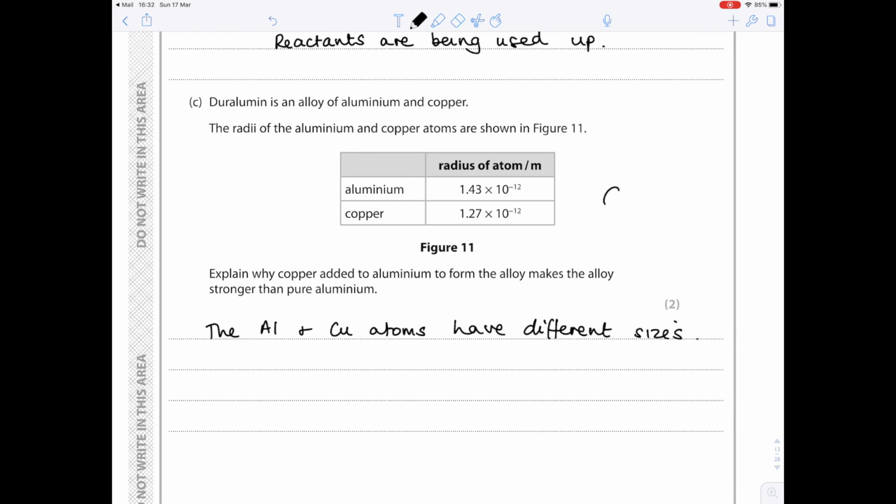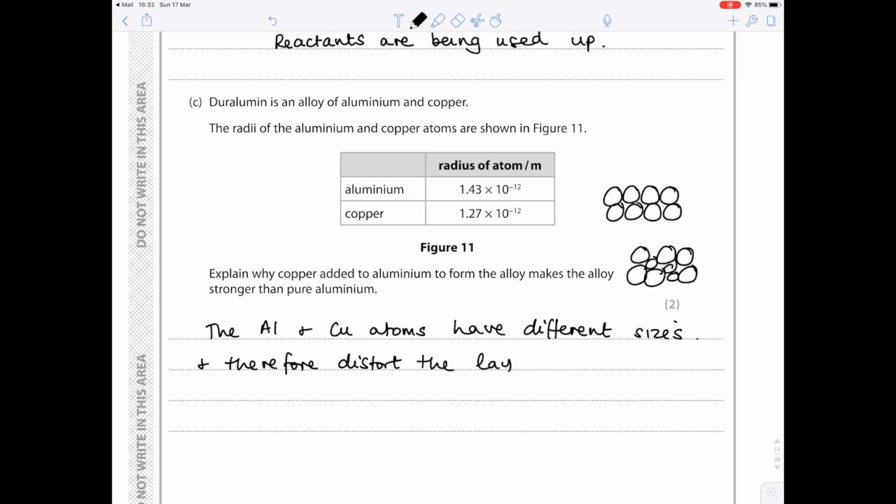And remember, when you go from having a metal with a regular shape like this, so pure aluminium, to one which has different sized atoms like this one, which is very similar to what we're looking at now, you find that those different sized atoms distort the layers, meaning that the layers can no longer slide over each other.